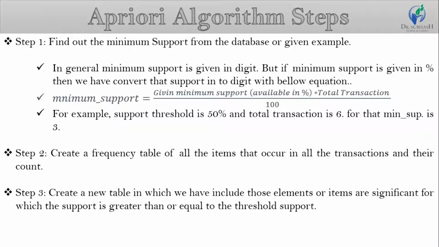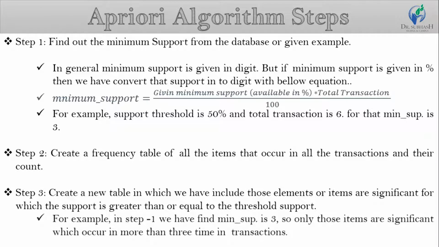I explain these steps with an example. For example, in step 1, we found the minimum support is 3. So, only those items are significant which occur 3 or more times in the transactions.